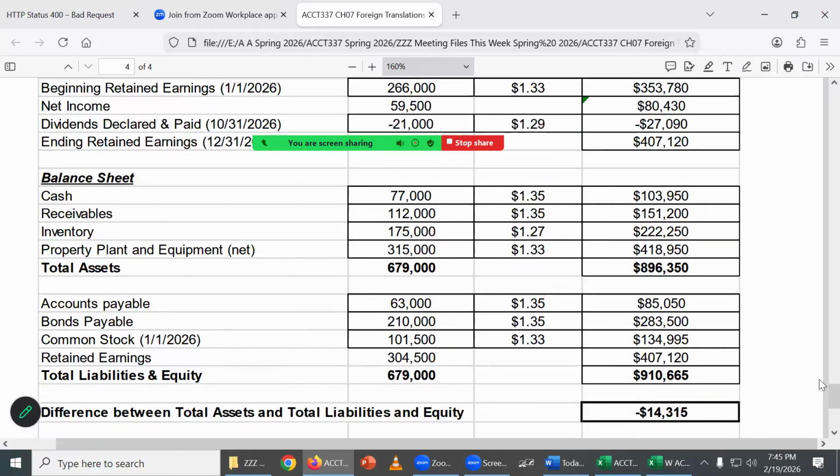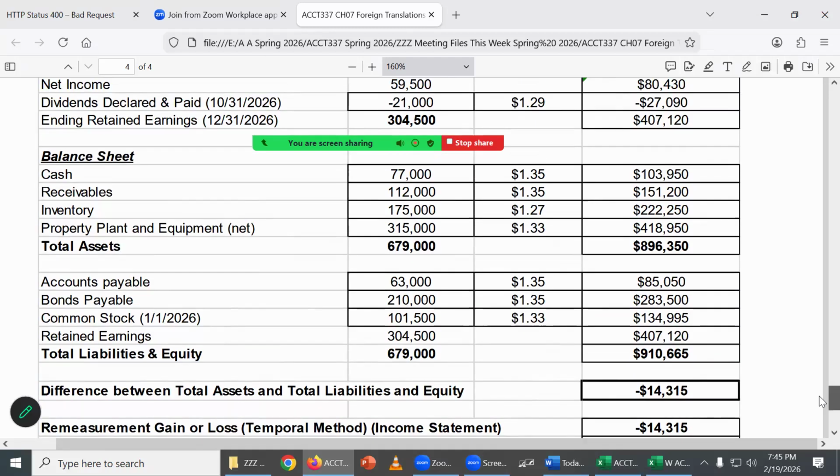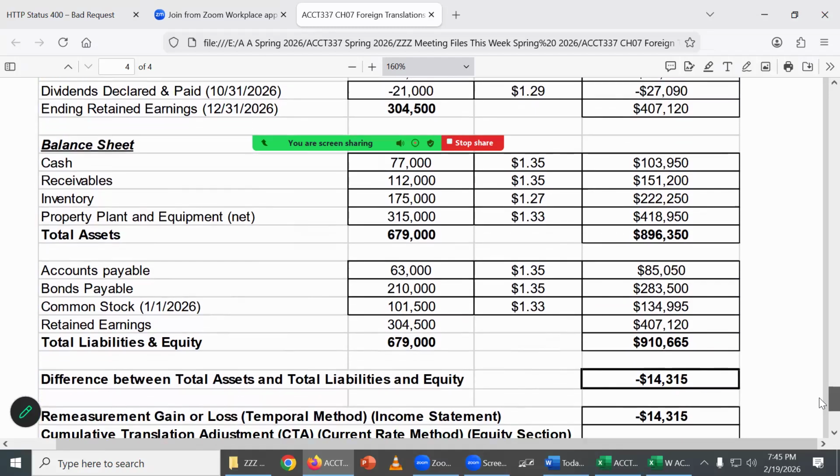And this is the second half. So this is the second, the balance sheet.